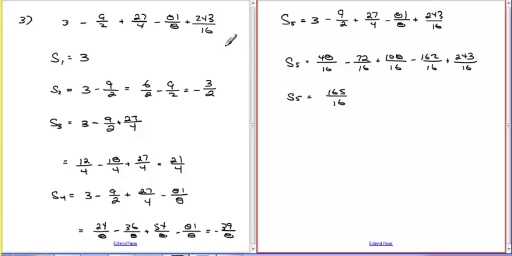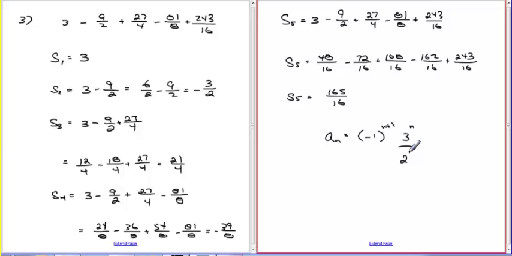If we wanted the terms of the sequence or the series, it would be negative 1 to the n plus 1. What that'll do is make the first term positive, and then we have 3 to the n power divided by 2 to the n minus 1 power.